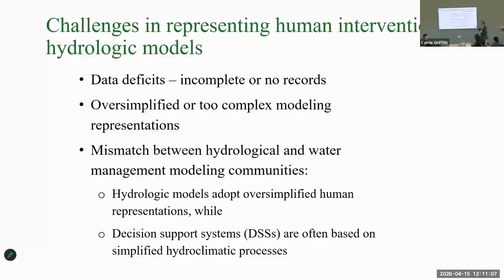Those DSS are often based on simplified hydroclimatic processes. Do you agree with that? I kind of agree with that, because my major work is more on the system side. I remember many years ago I worked on my first global food and water model, and we used the first global model, which is called WaterGAP, created by Ecuador.